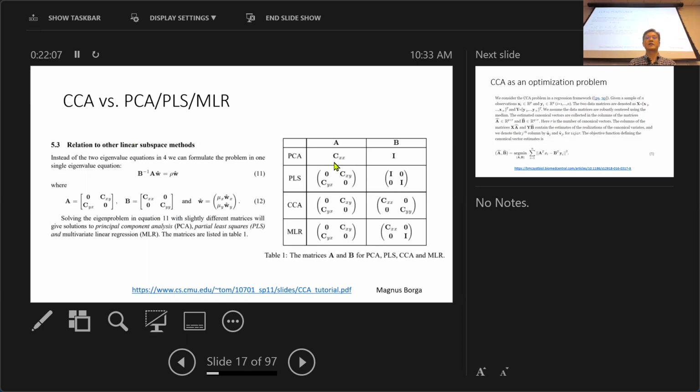You only consider one group of data points, which is the covariance for X. And then it's more generalized in another matrix B, there's an identity matrix, whereas CCA will consider both of these separately. So the underlying framework is shared.